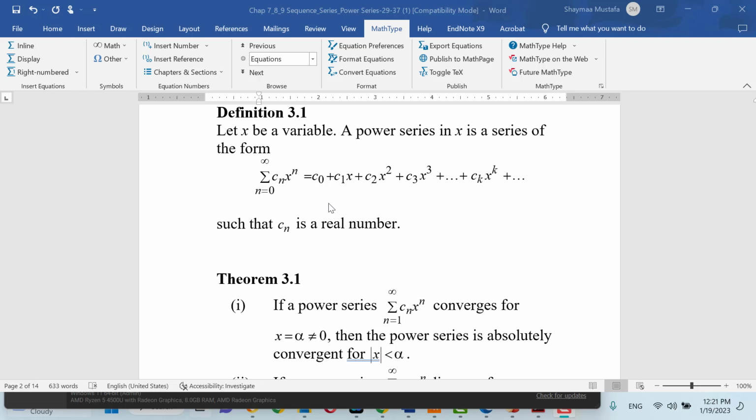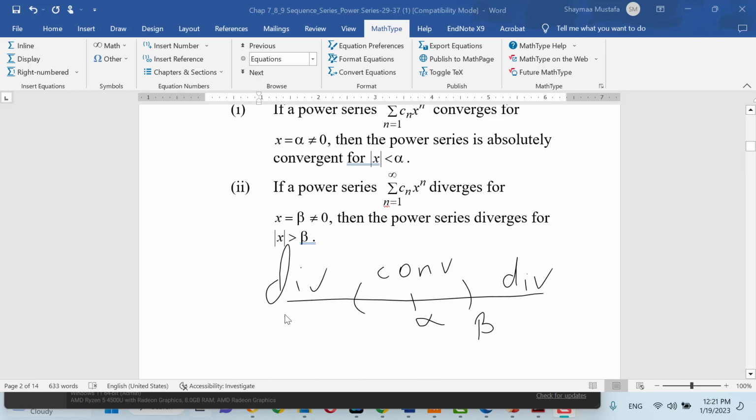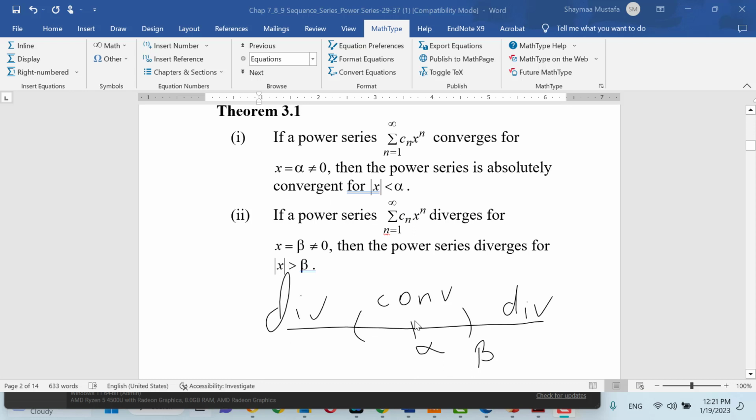Outside this interval, it is a divergent series. When I say that the power series converges at a point alpha, it means it converges on the interval around alpha. When I say that the series diverges at beta, this is the area of divergence. This is the interval of convergence for the series, and this one is the interval of divergence.